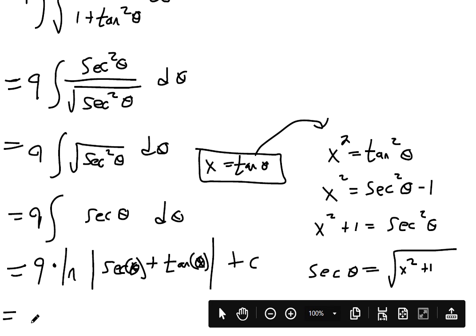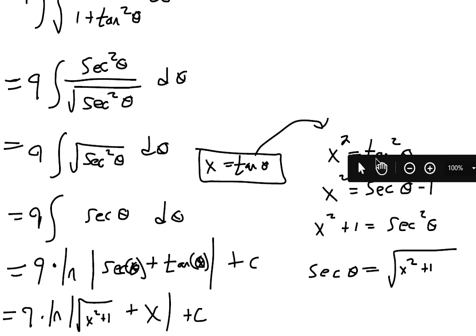We have 9 times the natural log of the absolute value of the square root of x squared plus 1 plus tangent theta, which is x. I think we're done. Everything's in terms of x, so we've got the antiderivative.